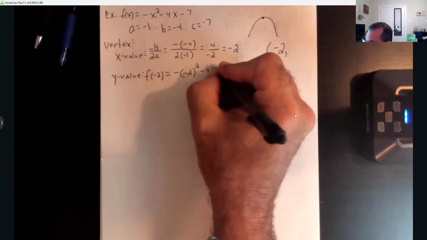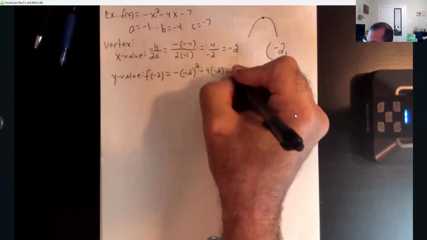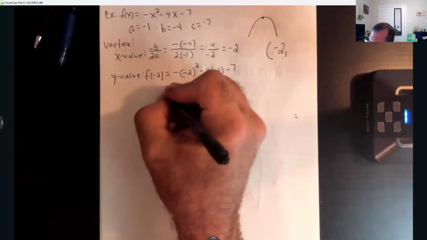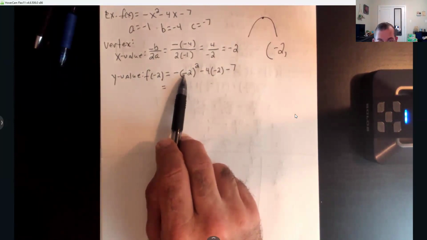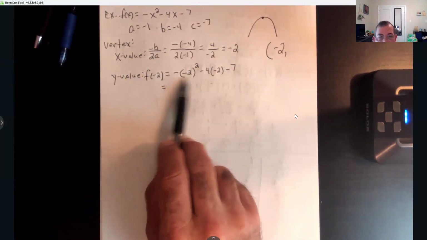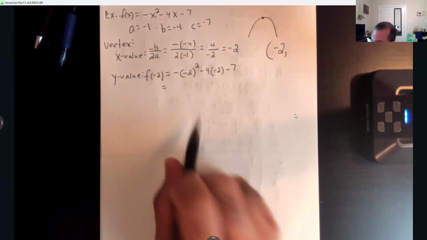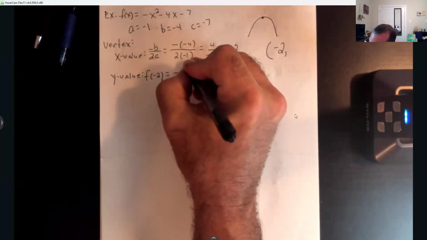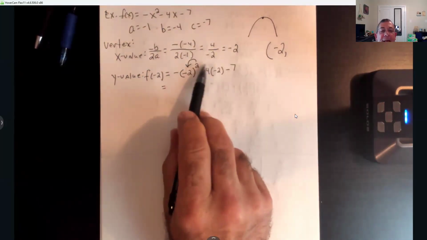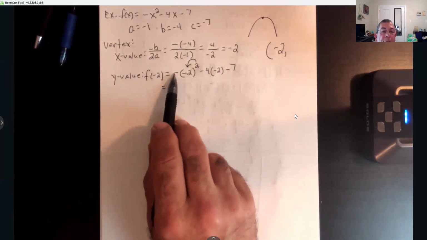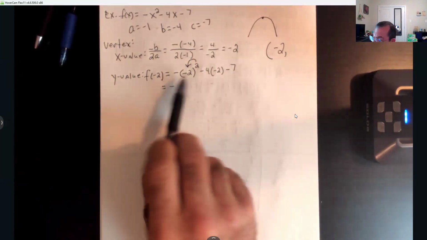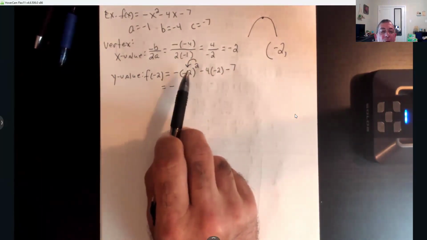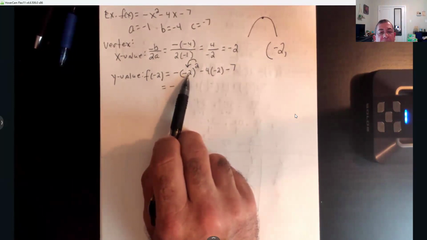Minus 4 times negative 2 minus 7. Now, you cannot multiply this negative times that negative yet. Multiplication does not have priority. The first thing we got to do is the exponent. So you bring this negative down automatically. Then we figure out what negative 2 squared is.